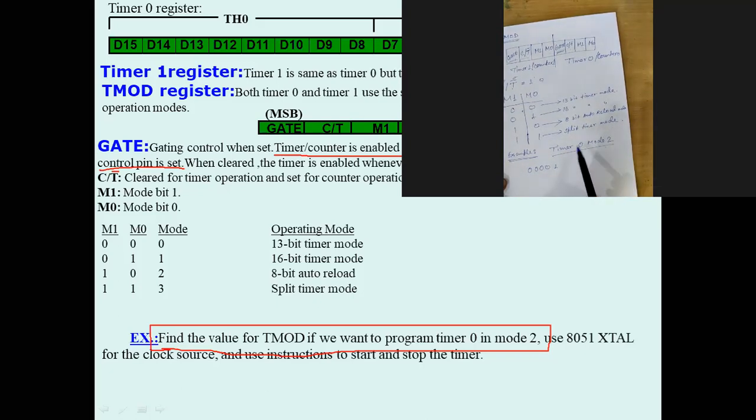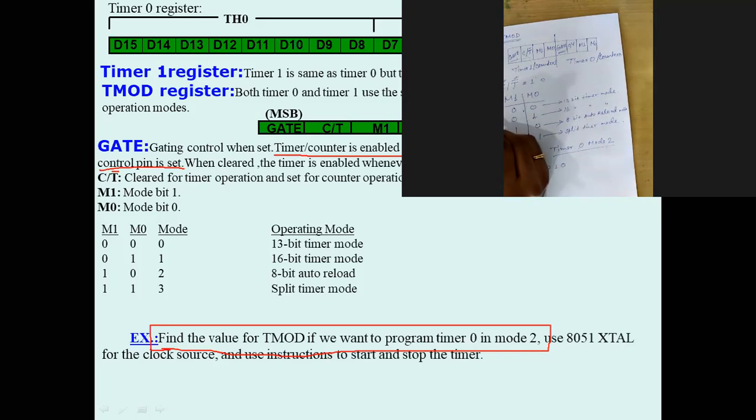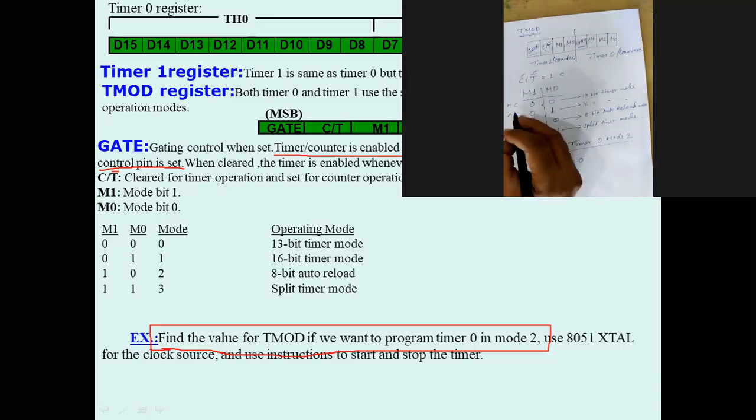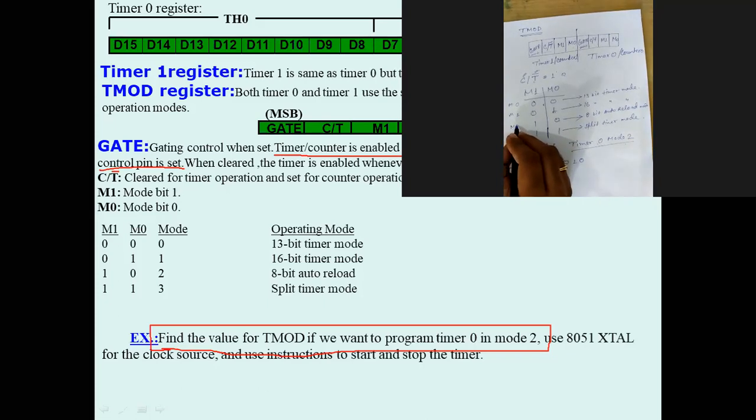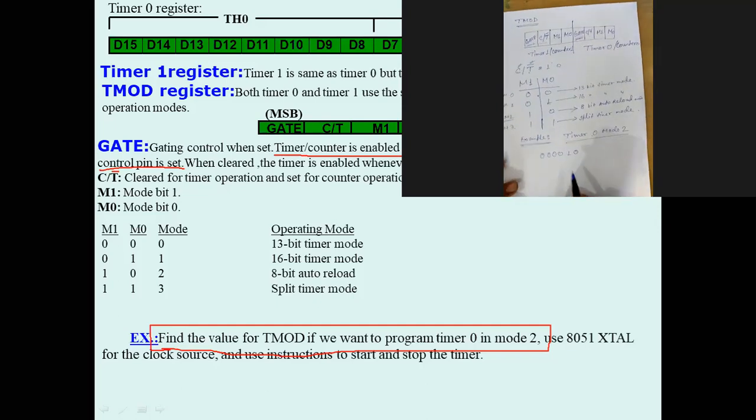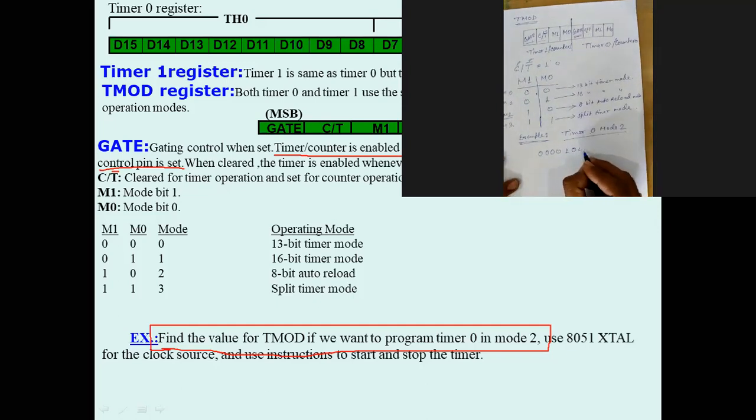Okay, timer operation means this will be 0. And mode 2, this is mode 0, mode 1, M0, M1, M2, M3. So 4 timer modes are available. So mode 2 is required, so 1 0.